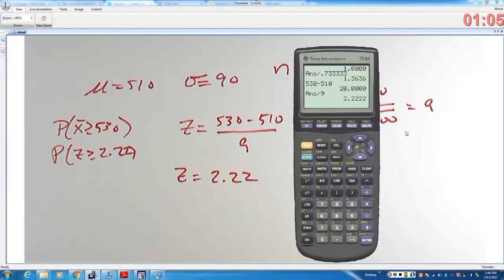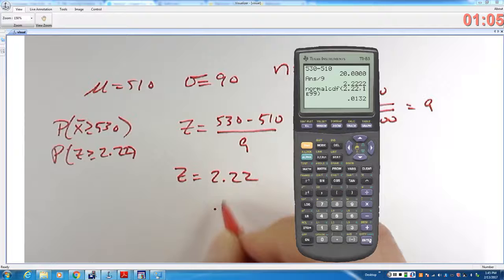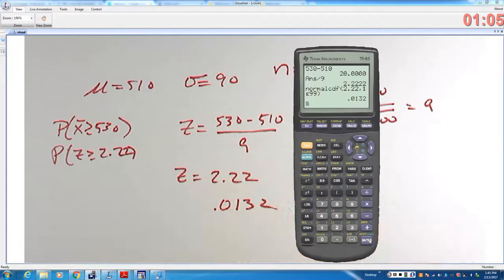We're going to go ahead and do 2nd VARS, normalcdf, 2.22, comma, 1 E 99, and press enter. And you get your answer, 0.0132. Okay, so that's going to be your answer.